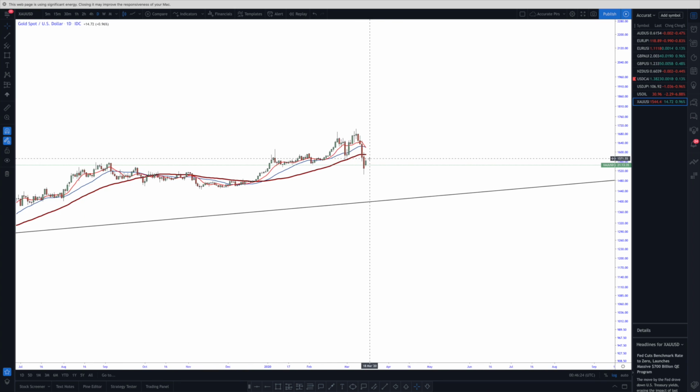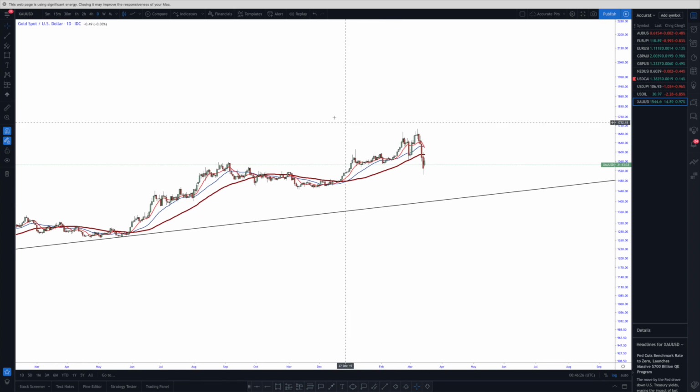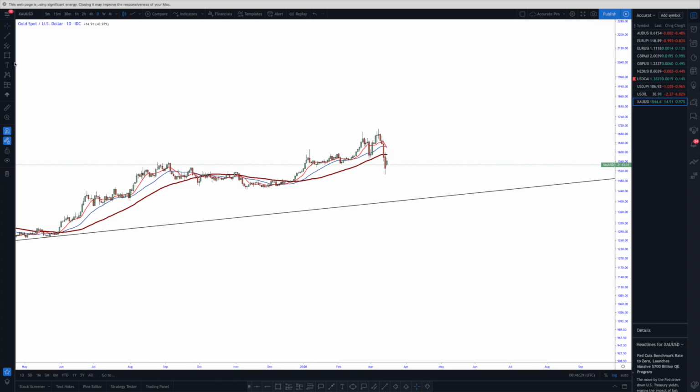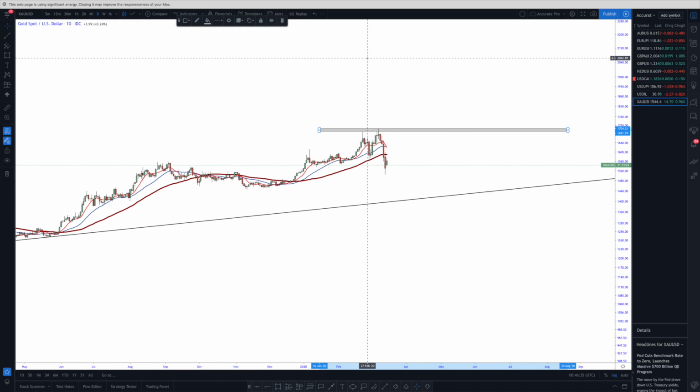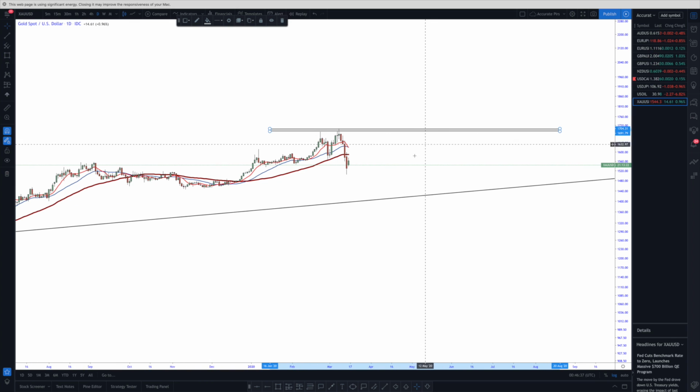I'm not seeing any areas that it may retest. So with gold, this temporary resistance area, I'm just gonna note down. So if the market does come back up to this area here, just keep note of this temporary resistance area here.